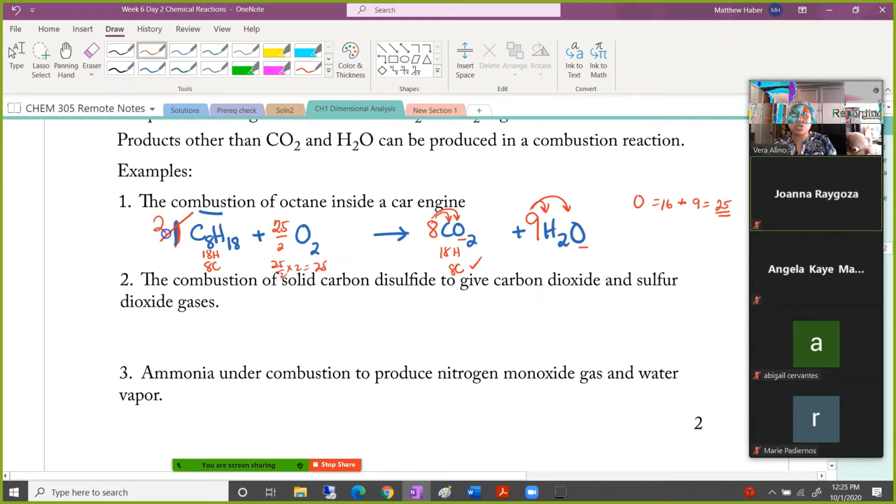So this becomes 2. 25 over 2 times 2 gives you 25. 8 times 2 will give you 16. 9 times 2 will give you 18. And this right here, guys, is now the balanced equation. For every 2 molecules of your fuel, you're going to need 25 molecules of oxygen gas in order to convert it all to 16 molecules of carbon dioxide and 18 molecules of water.